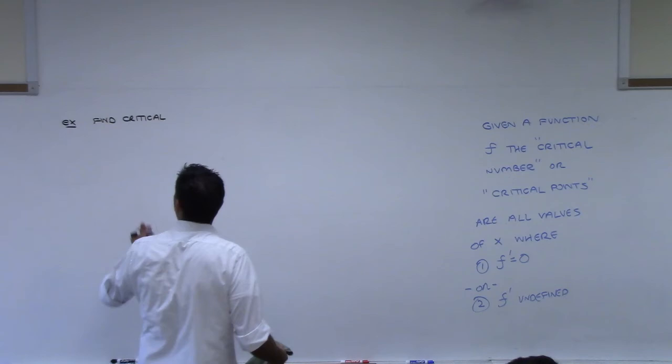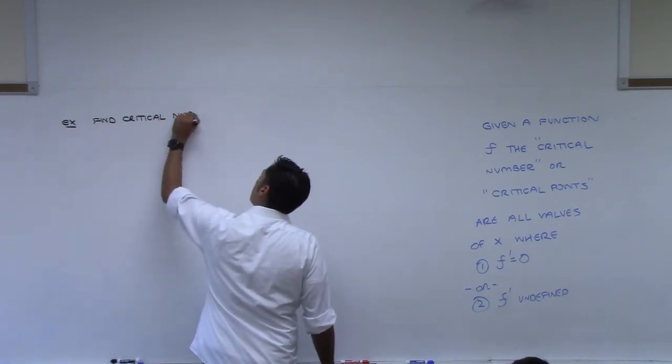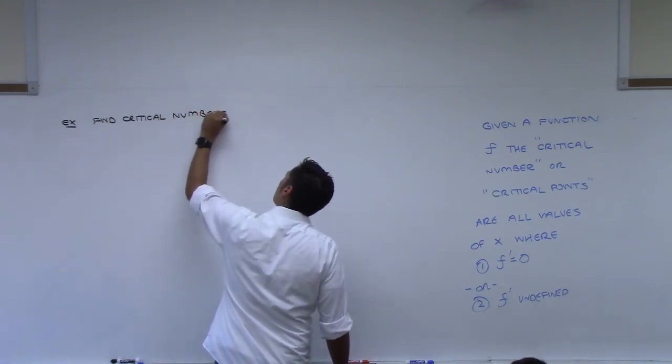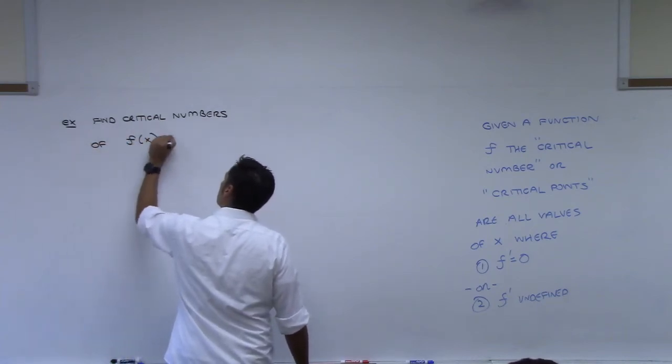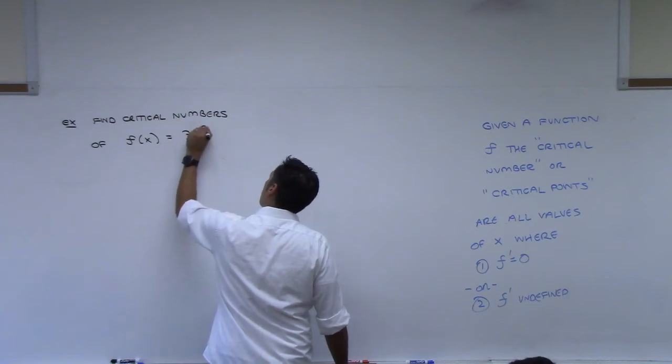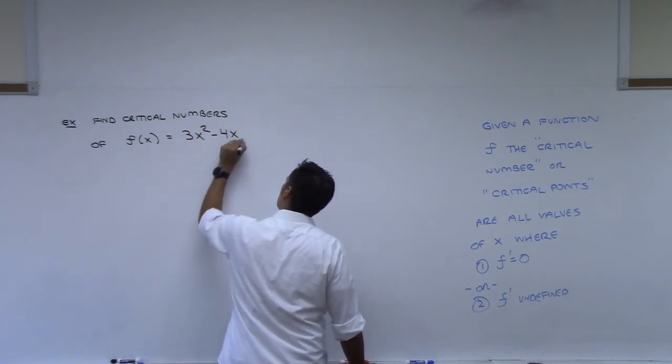Critical numbers, they call them critical numbers. Of f of x equals 3x squared minus 4x plus 1.